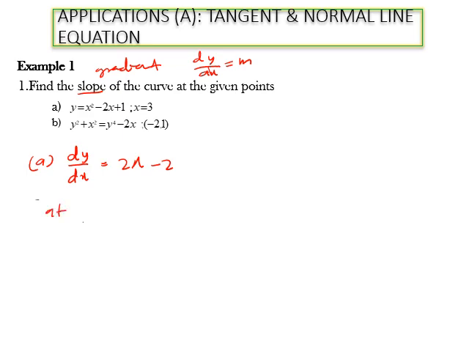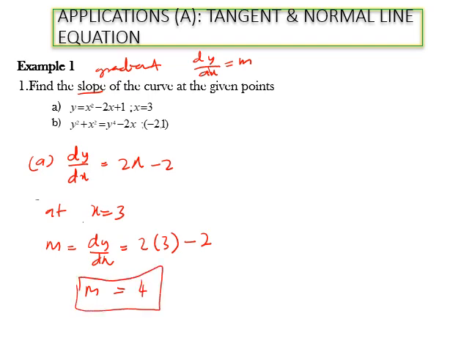So at x equals 3, we just substitute the point there because we want to know the gradient at x equals 3. So your m will be 6 minus 2, which is 4. That's it for A.